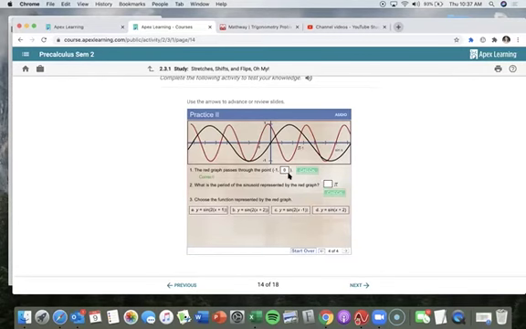I don't particularly like this question because they didn't do a really good job of showing you what the period of the graph is. But basically, I would look for any point, wherever it comes back to completion.